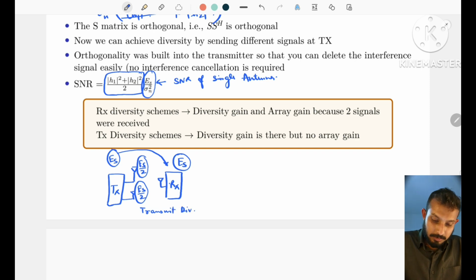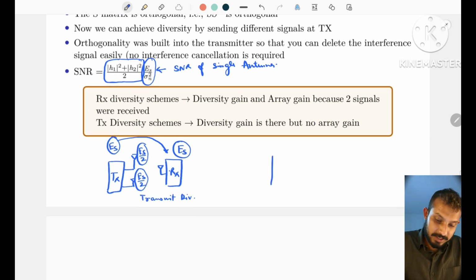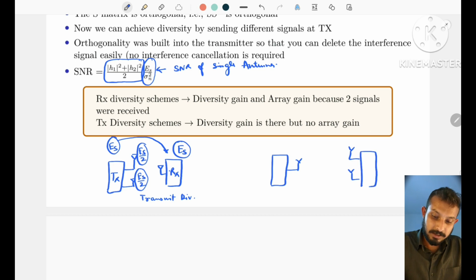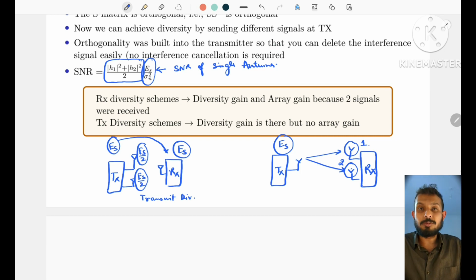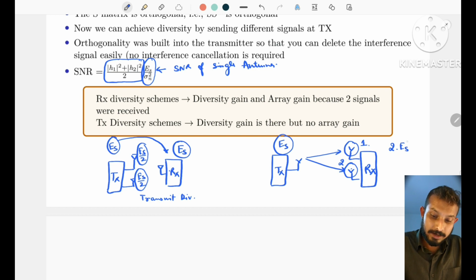This was for transmit diversity. However, on the other hand, when you have receiver diversity, you have one transmitter antenna and two different receiving antennas at the receiver. You are sending the signal with total power budget ES. At the receiver side, this ES is captured by the first antenna, as well as by the second antenna. So that means two signals are received, which has a total power of twice ES at the receiver.